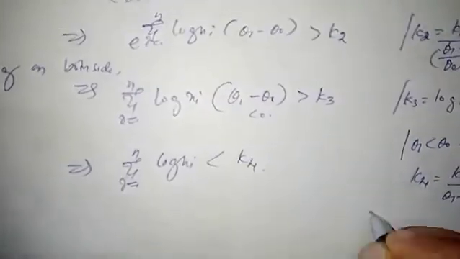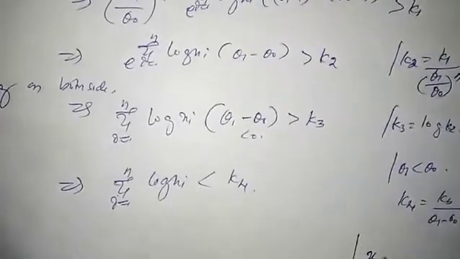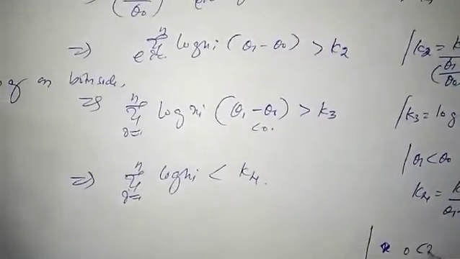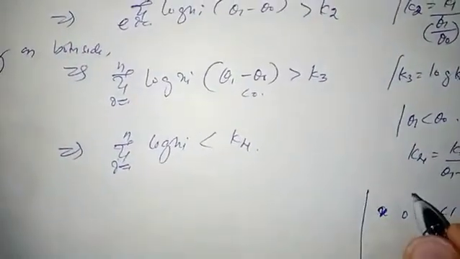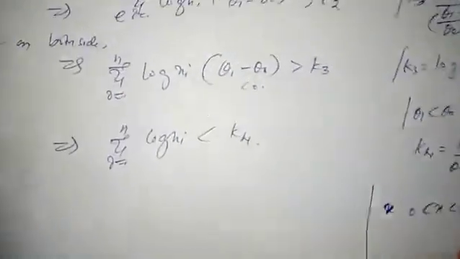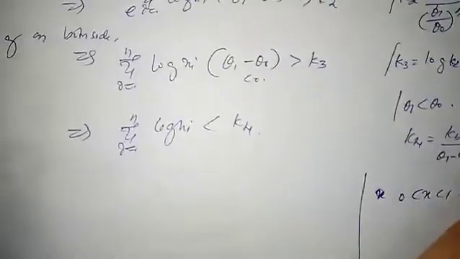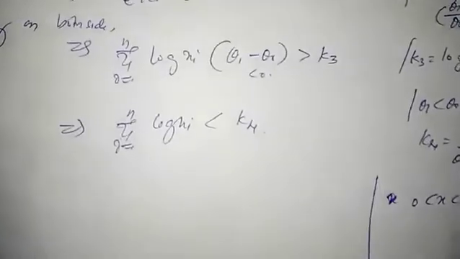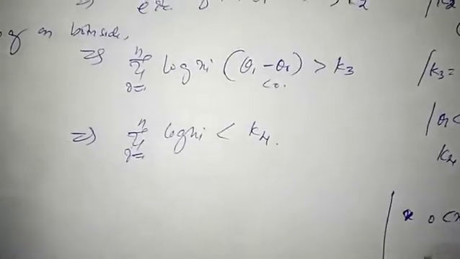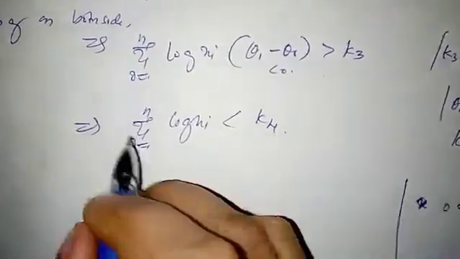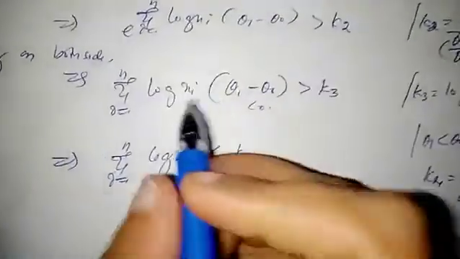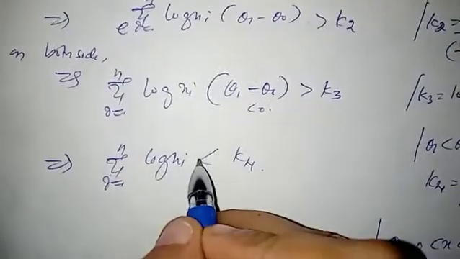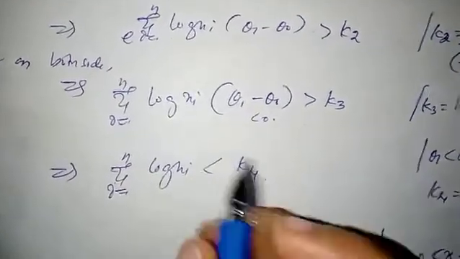Then it is given that x lies between 0 and 1. Then what is log xi? Log xi is a negative term, so we have to make it positive.